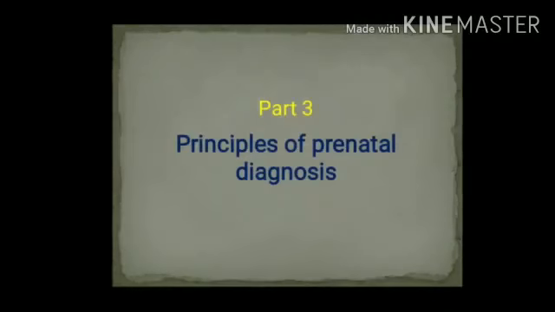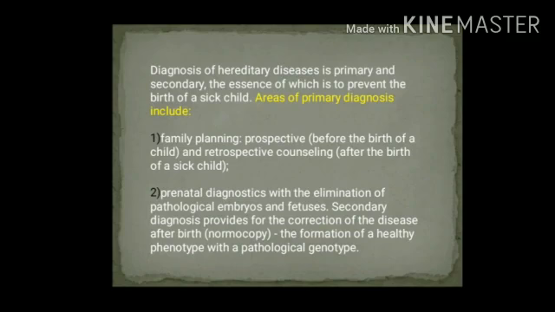And our last part, the third part of our lecture, is the principles of prenatal diagnosis. Diagnosis of hereditary disease is primary and secondary, the essence of which is to prevent the birth of a sick child. Areas of primary diagnosis include, first, family planning, prospective, or before the birth of a child, and retrospective counseling, or after the birth of a sick child.